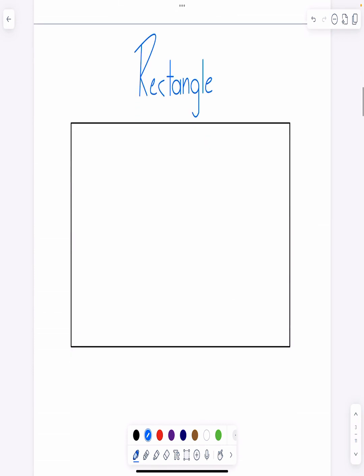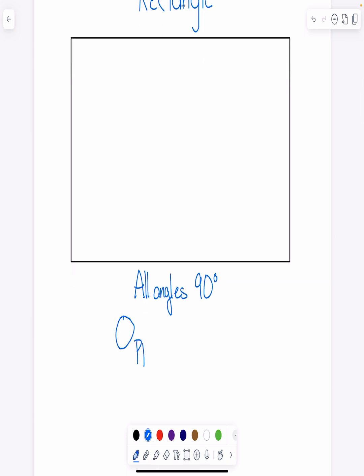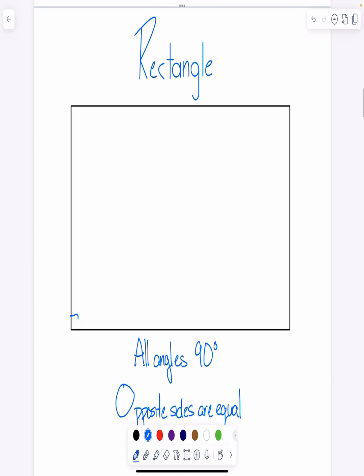A rectangle has all angles again 90 degrees. This time, opposite sides are equal. And so I'll denote my 90 degrees and opposite sides are equal.